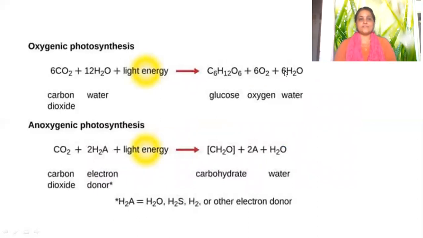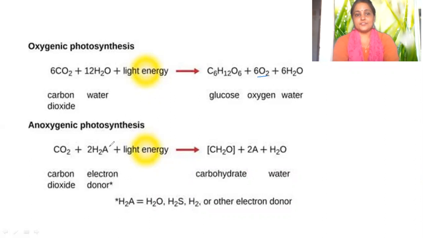You can see from the first equation that oxygenic photosynthesis produces 6 O2 during the process, and during anoxygenic photosynthesis no oxygen is released into the atmosphere. In this way, oxygenic and anoxygenic photosynthesis are differentiated.